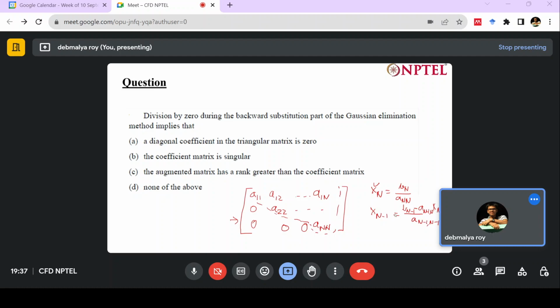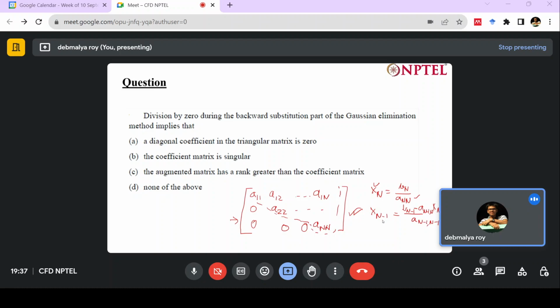You can see we are always dividing by the diagonal elements to find the unknown variables. So division by zero is only possible in this step when your diagonal element is zero. If any of these diagonal elements is zero, then I will have a division by zero error.